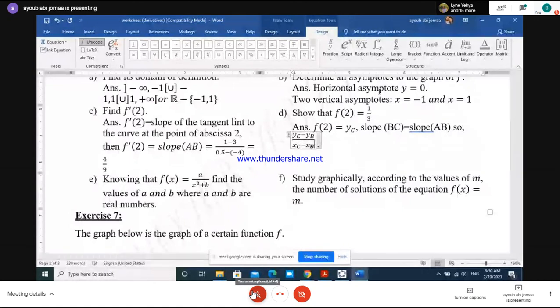This is from one side, and the slope of line BC is yc minus yb over xc minus xb. From the other side, the slope of AB is negative 4 over 9, not 4 over 9. It's negative 4 over 9.